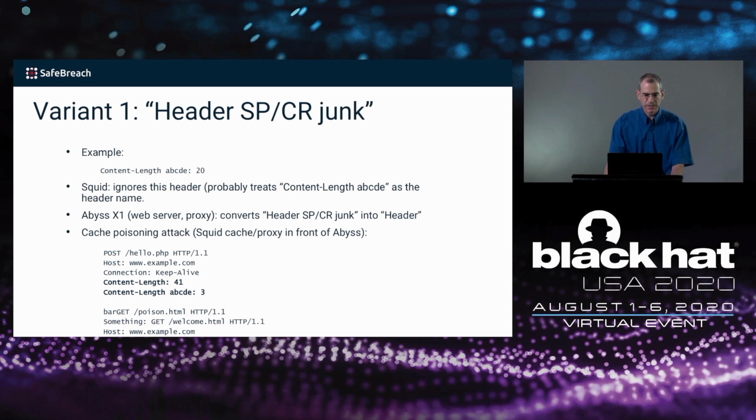So a web cache poisoning attack with Squid in front of Abyss may be constructed as follows. We have the legitimate content length header with 41 bytes, followed by this not so legit content length header with space and junk with the value of 3.